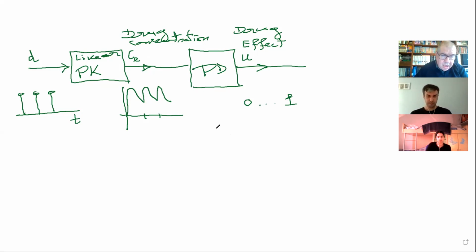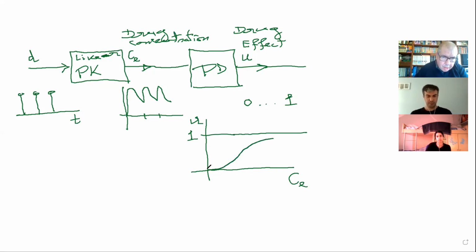And usually you have something that says that if this is C and this is U, this is the maximum effect, let's call it 1. You can multiply by some function and you will have something which is, take a lot of drug and you approach that, okay?